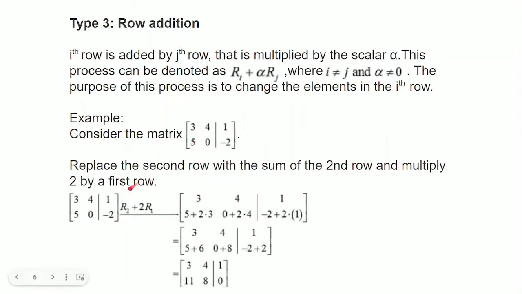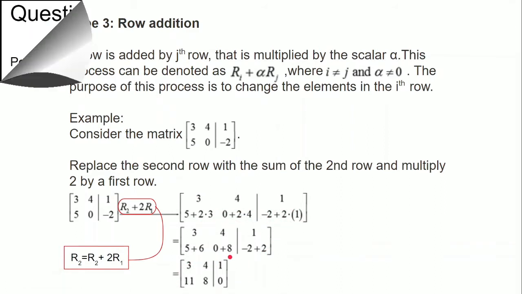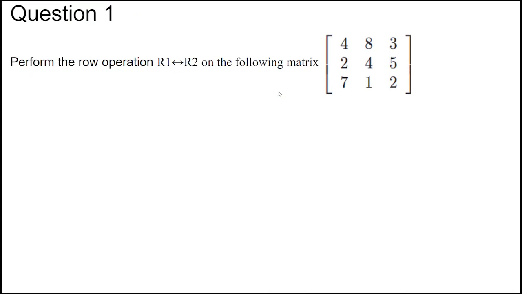We perform this row operation, second row plus 2 times first row, on this matrix. This row operation also means that the second row equals the second row plus 2 multiplied by the first row. As you can see here, 5 plus 2 multiplied by the element in the first row, same as here, and this will be the result.